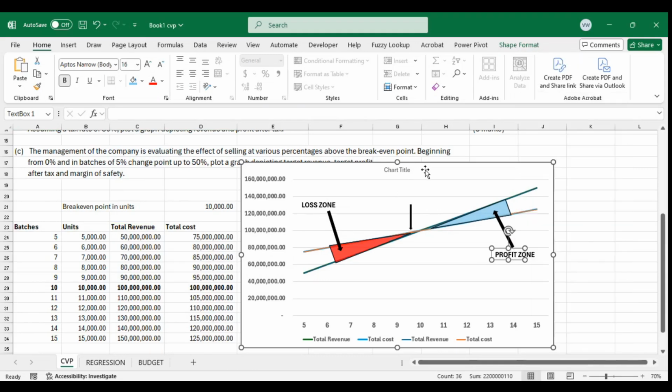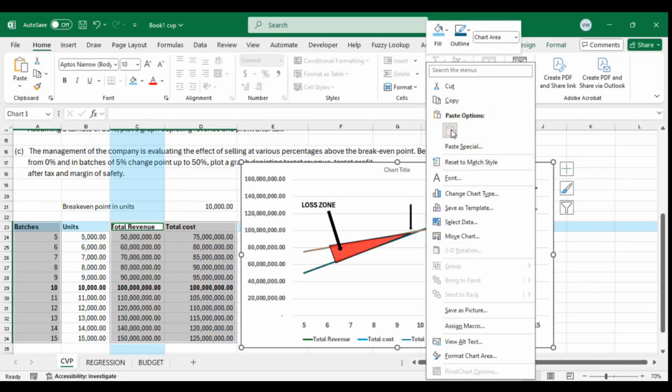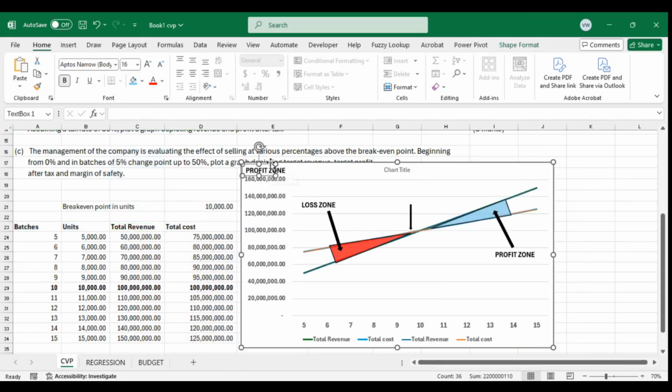The reason why I'm pasting it outside is because sometimes when you copy paste it inside the plot area, it gives you some error. So let me call this the break-even point.